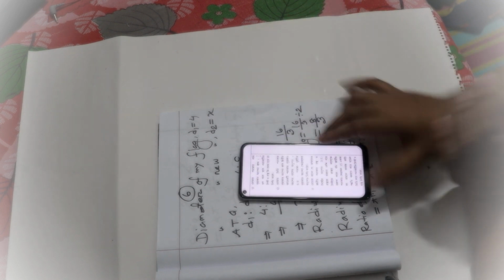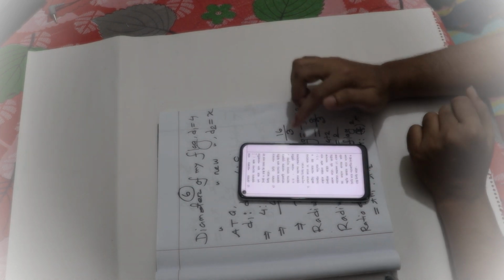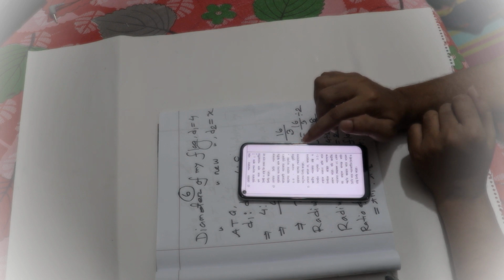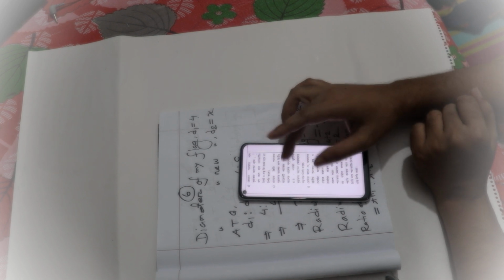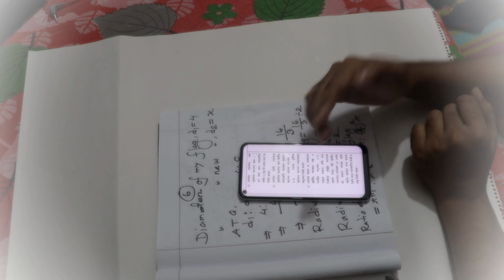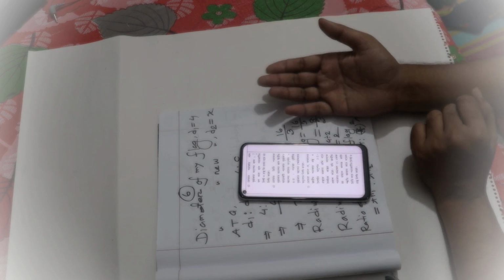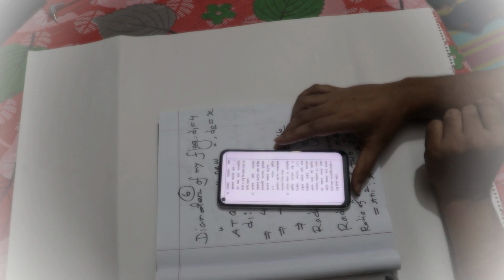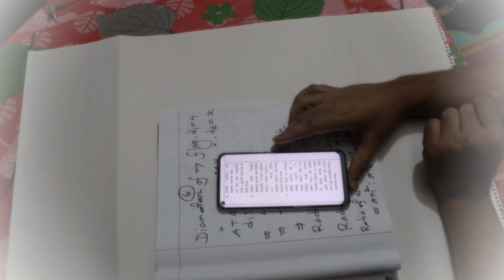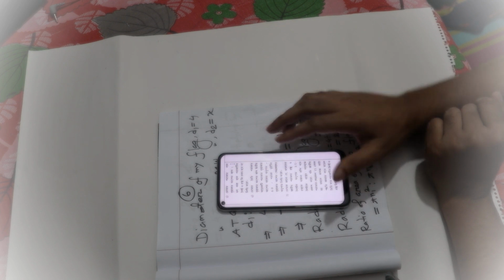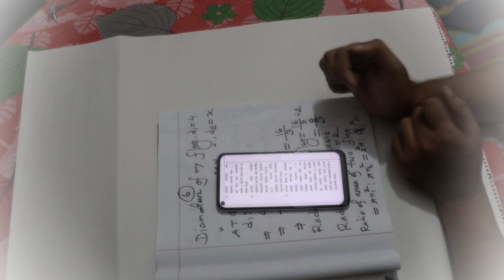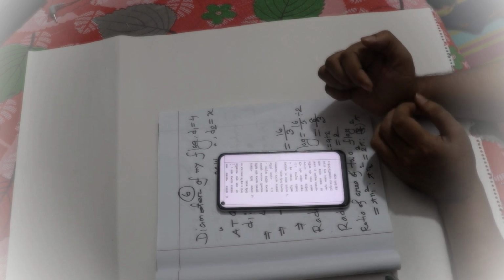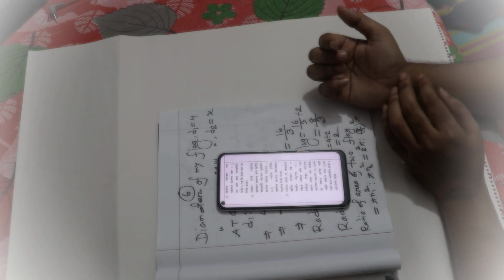I repeat, the diameter of your flag and the diameter of another flag, their ratio is 6:8. Then find the ratio of the areas of the two circles.